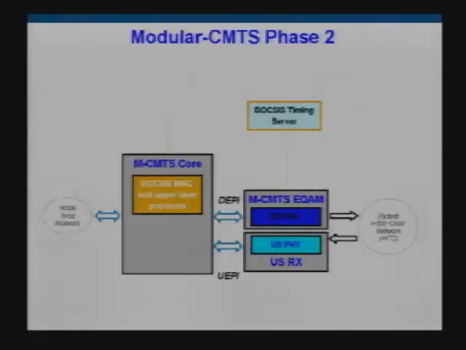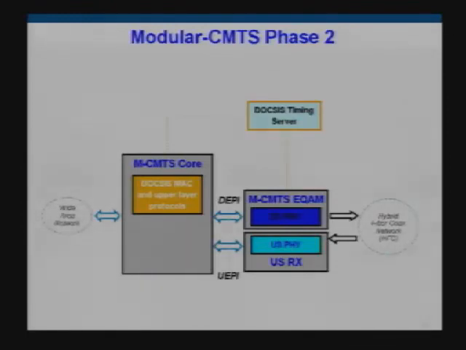So let us take a look at phase 2. The only difference you would see here compared to phase 1 is that in phase 1 we might have noticed that only downstream PHY components were decoupled and moved to an external entity. With phase 2, not only the downstream PHY components, but even the upstream PHY components have been moved to an external entity.